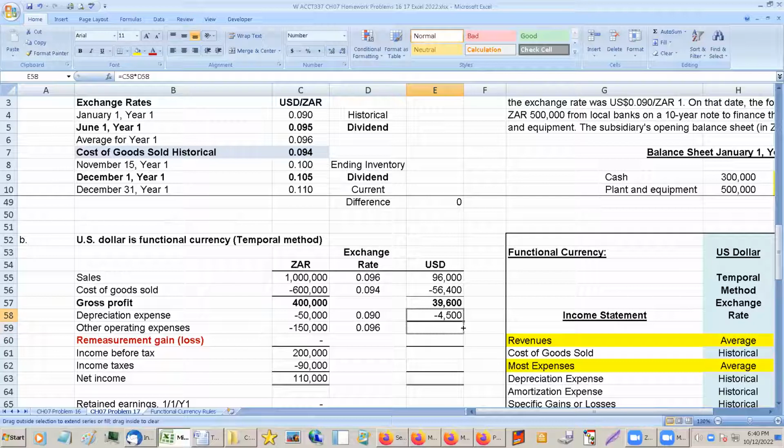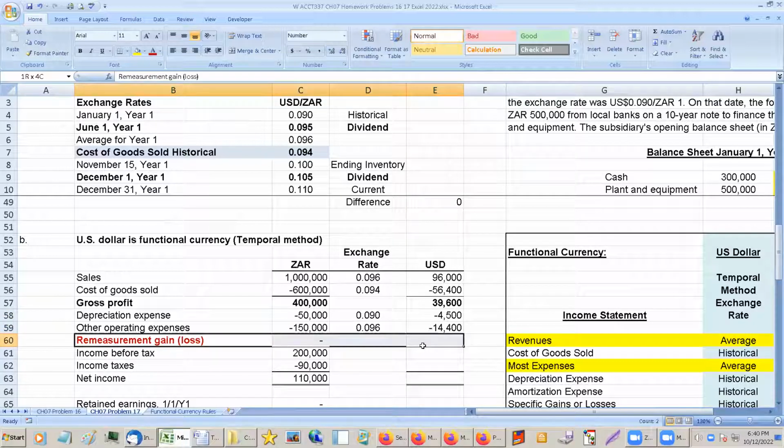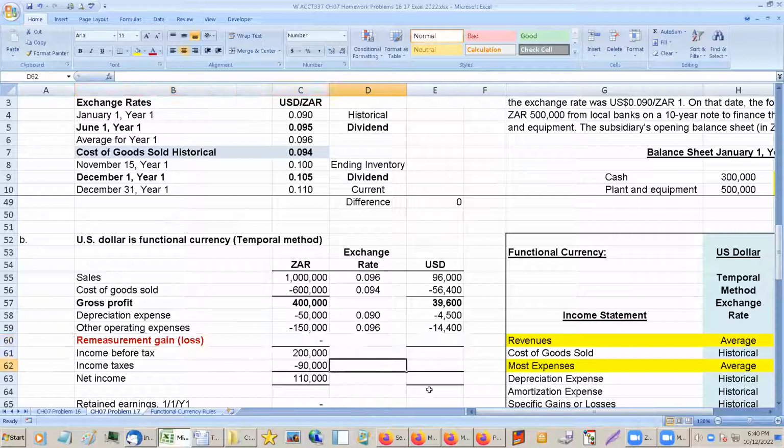Okay, this remeasurement gain, we're going to wait until the very end to figure that one out. There are ways to figure it out now, but it's a bunch of extra hoops, really. You can just do it at the end and then go back up and plug it in. Okay. Income before taxes, we add that up.